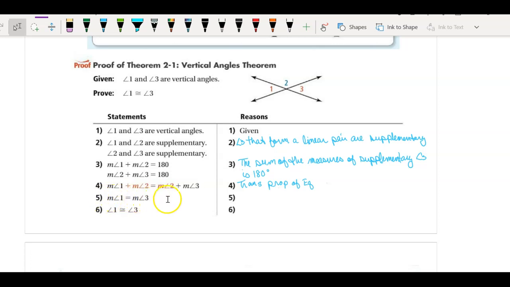Now to get to step 5, we subtracted the measure of angle 2 from both sides. So that is the subtraction property of equality.